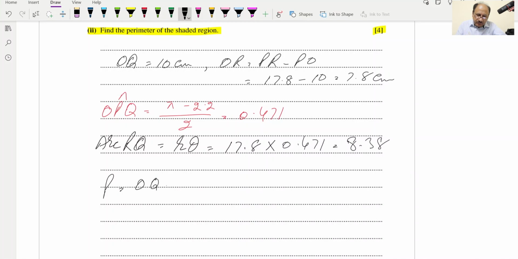Now for perimeter P, we need to add OQ plus OR, and plus arc RQ.